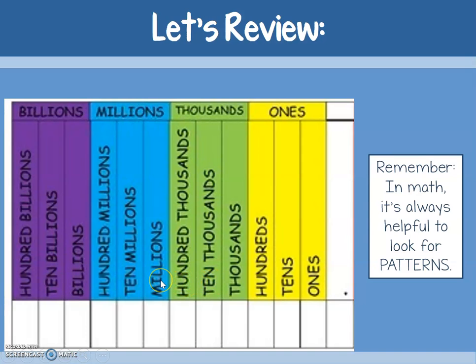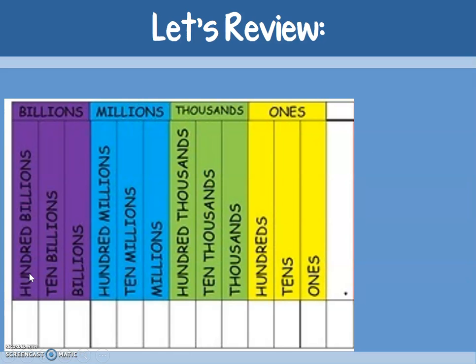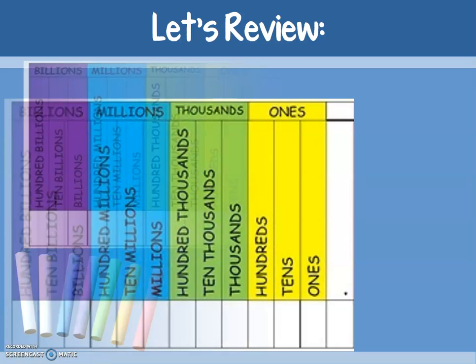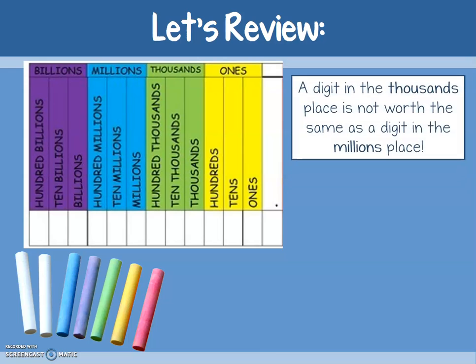In the millions period, we have 1 millions, 10 millions, then 100 millions. And in the billions period, we have 1 billions, 10 billions, and 100 billions. That pattern is going to be really helpful as we start to compare different digits. So let's take a look at how that is important.